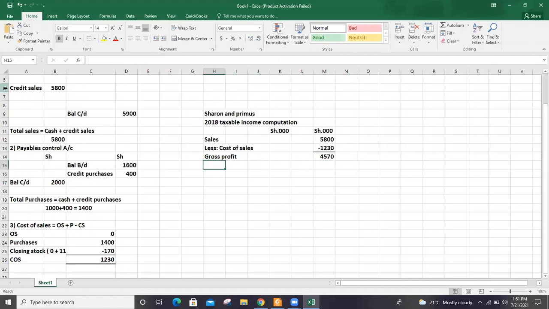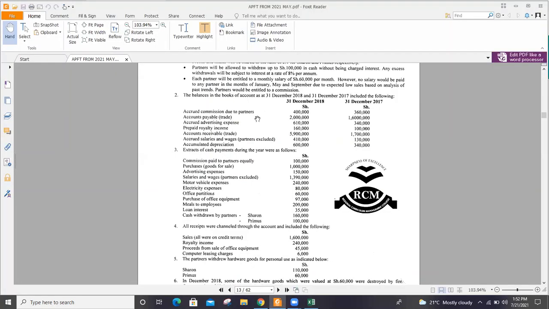Then at that point we less what? Allowable expenses. Now we'll go one step at a time. Accrued commission to partners: there should be no transaction between the partners in the partnership. Accounts payable dealt with it. Accrued advertising expense. So let's have advertising expense.